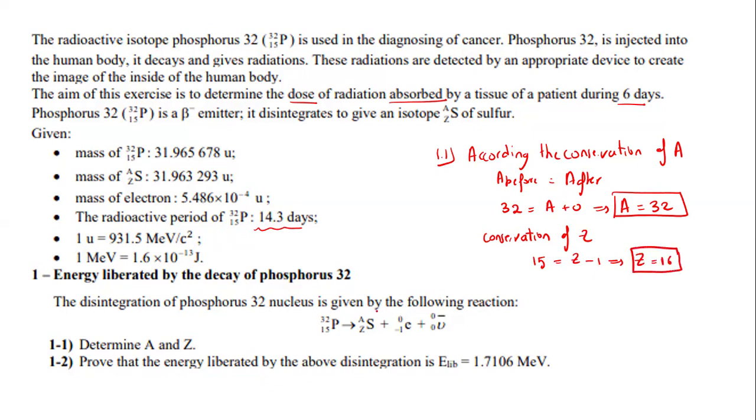And so we found A and Z. Now prove that the energy liberated by the above disintegration is this much. In order to find the energy liberated, the energy liberated is given by delta m c square, and let's not forget it's liberated by the decay of one phosphorus.